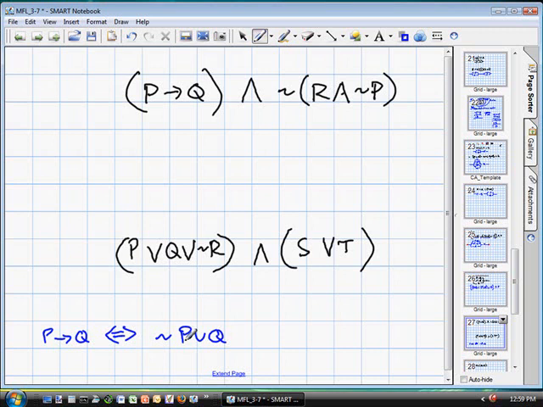So what could we substitute for this? Not P or Q, right? So I'm going to replace that because we're told it's totally equivalent. Okay. All right, the rest of it's fine, I think.